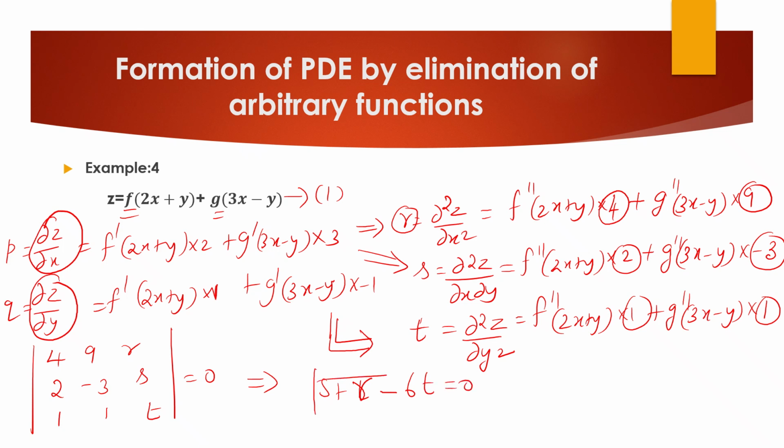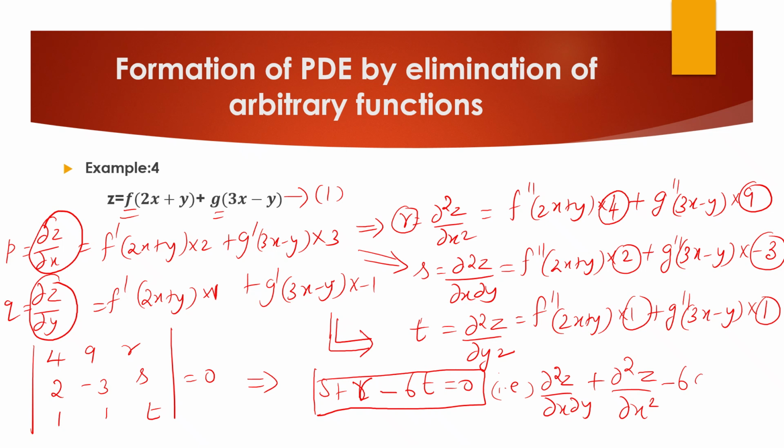That is, the resultant PDE is nothing but dou square z by dou x dou y plus dou square z by dou x square minus 6 into dou square z by dou y square is equal to 0.